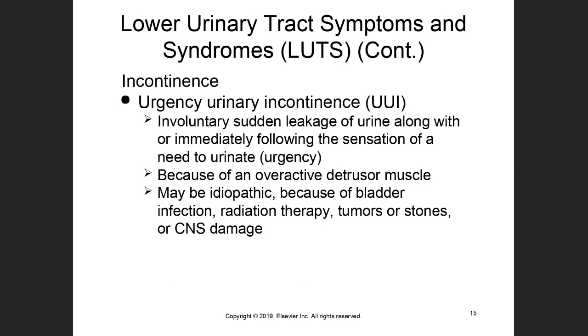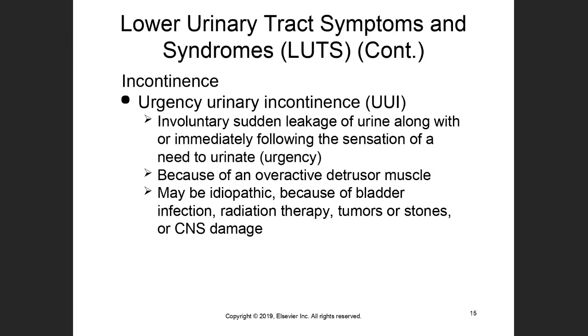Urgent urinary incontinence, okay, urgency means that you feel urged to go to the bathroom. So one of the main characteristics of those patients and how they present to the hospital is that they can't reach the bathroom. They feel they need to go to the bathroom, but they can't reach it. On the way to the bathroom, they pee themselves.